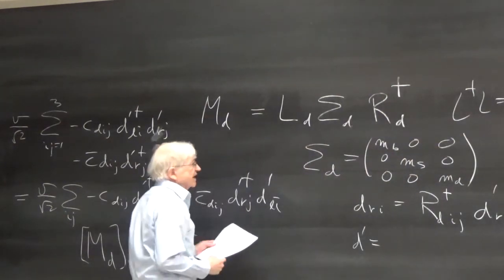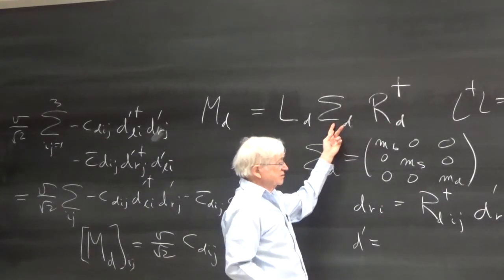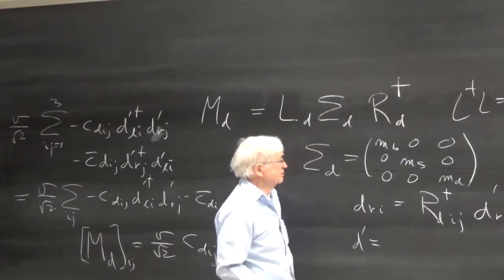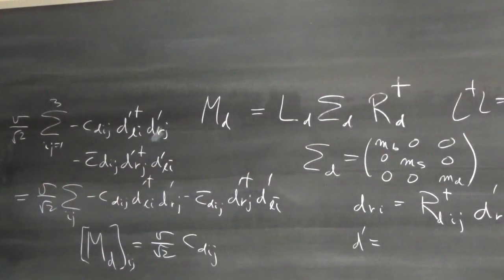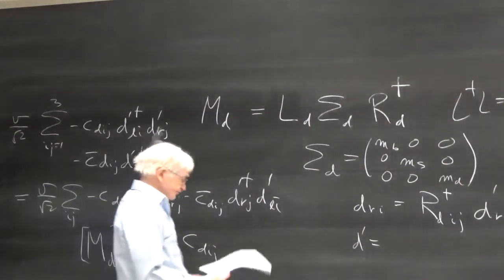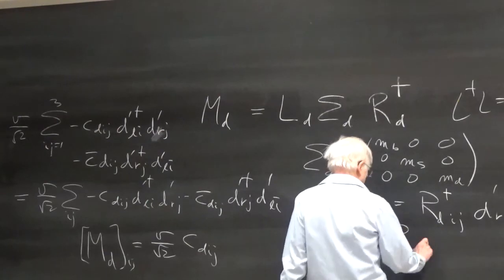So in the singular value decomposition, that's unitary, and sigma is not simply real, but it's a non-negative matrix. And so D prime is R D.